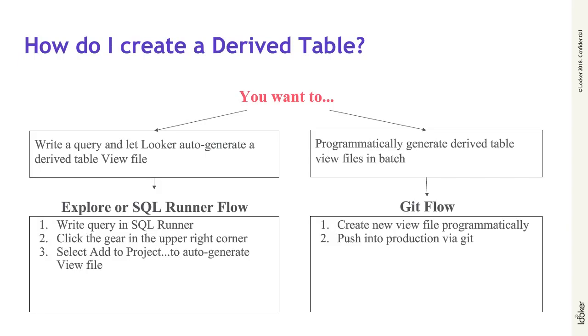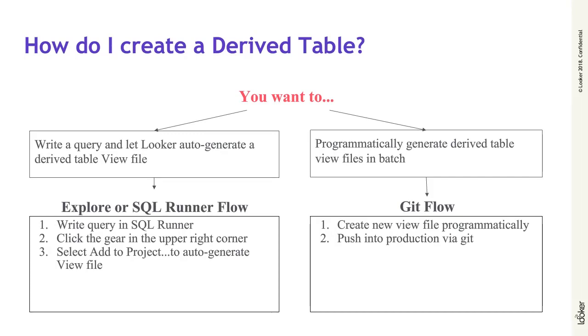You're using some aspect of Looker to generate code and produce a result set. Then Looker will read that result set that you've produced with the query that you've written or that Looker has written, and it will allow you to auto-generate a view file that references all the columns of your result set. I'll show you an example of what that looks like in a bit.